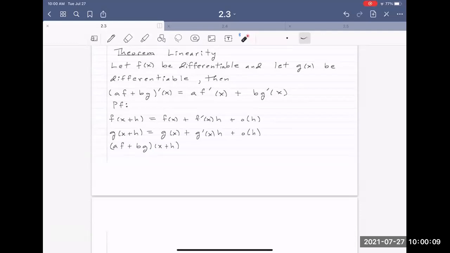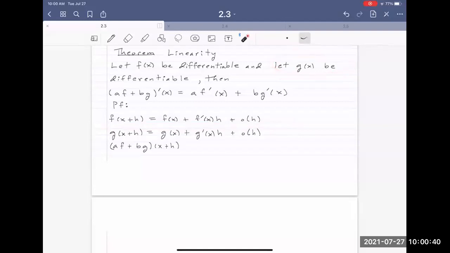So let's do this. First off, since f is differentiable, there exists a function f prime of x such that f of x plus h is equal to f of x plus f prime of x times h plus little o of h.